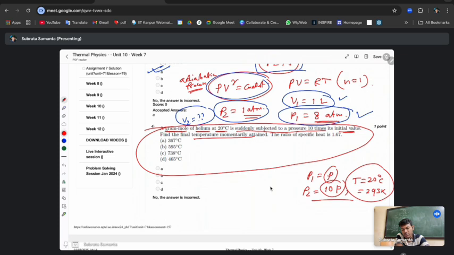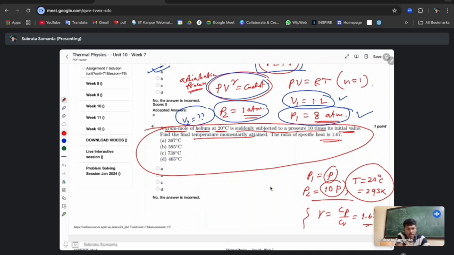The ratio of the specific heats is given, gamma, Cp over Cv, is 1.67, right? Now they are not mentioning any process. The gamma value is given, but they do not say which process is followed.